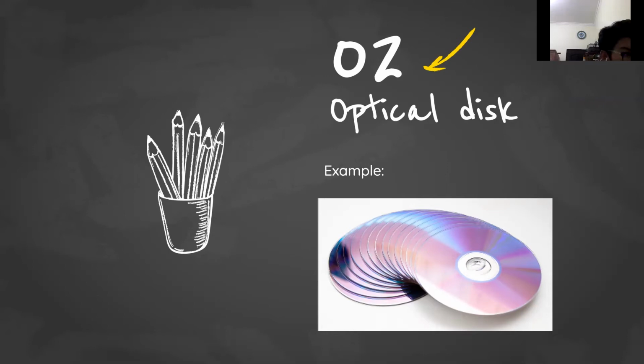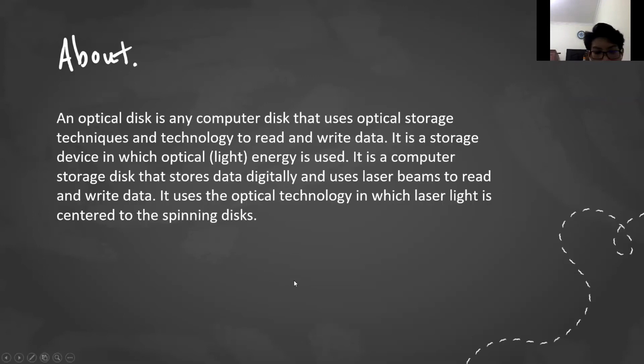Here we have the optical disc. You can see an example of the optical disc down below. So, an optical disc is any computer disc that uses optical storage techniques and technology to read and write data.